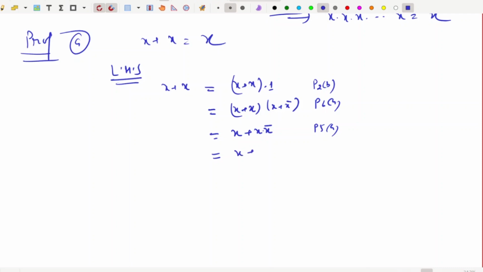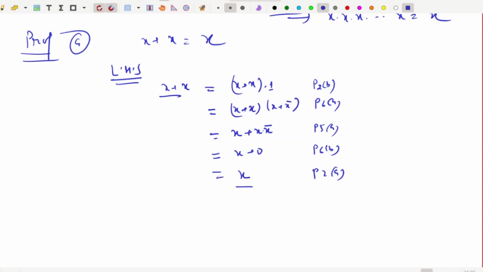This is x plus 0, and x plus 0 is equal to x, by postulate 2a. So taking the left hand side and proving it is equal to the right hand side, we can say that x plus x is equal to x.